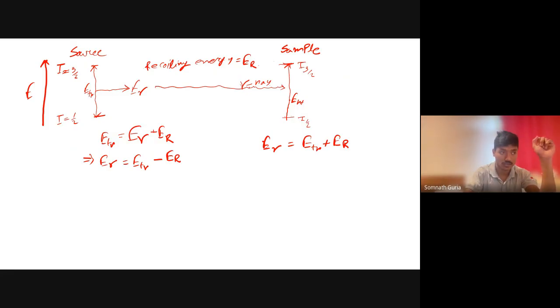That should be higher in energy, otherwise it cannot absorb. Of course, these two equations, the source gives a gamma ray of E transition minus the recoiling energy, and for the sample the gamma ray requires the actual transition energy plus the recoiling energy for the sample.